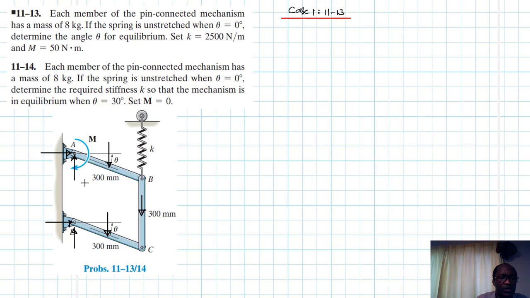Alright, so let's label this. We have AY, AX, DY, DX.